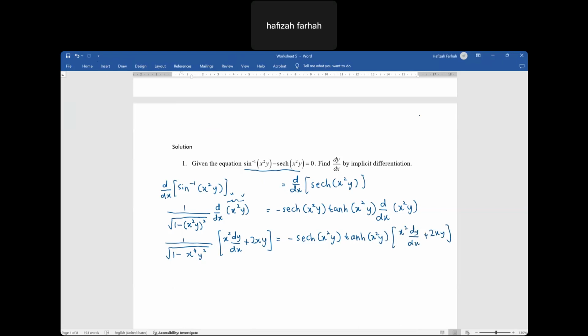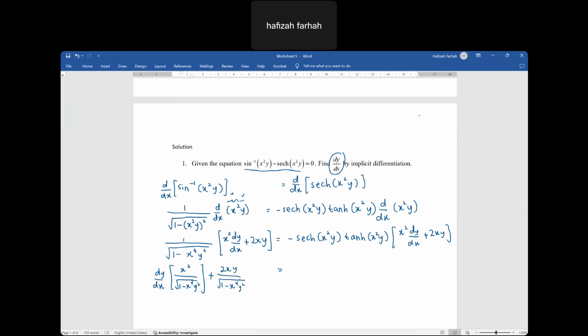Now we just want to find our dy/dx. If we expand this, the first term, you get dy over dx times x squared over square root of 1 minus x to the power 4 y squared. And then the second one, you get 2xy over the same square root.